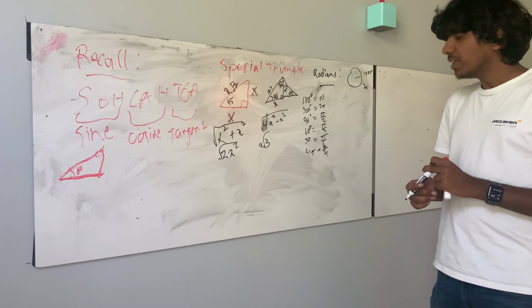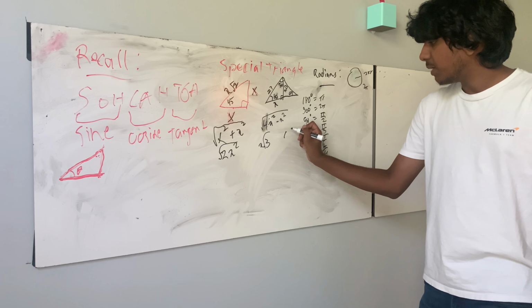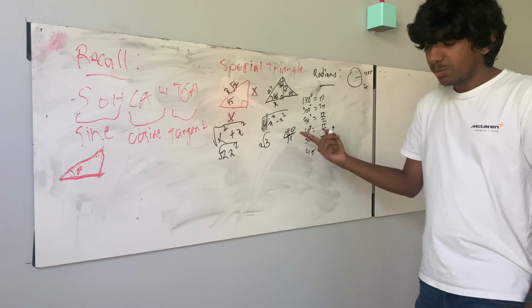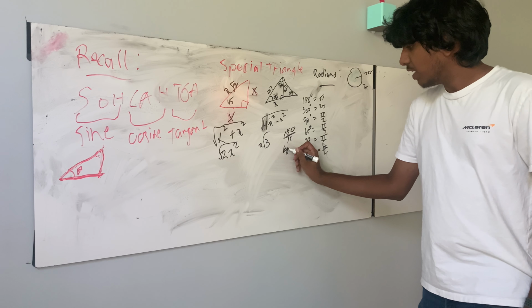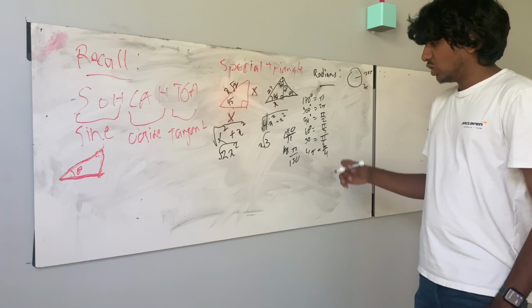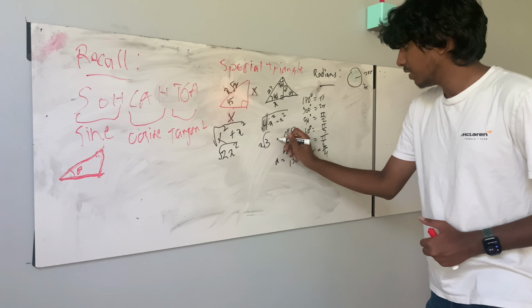And the way to convert between the two is, if you're in radians, you would multiply by 180 over pi, and if in degrees, you would multiply by the inverse, which is pi over 180. This is what you would do to convert between degrees and radians.